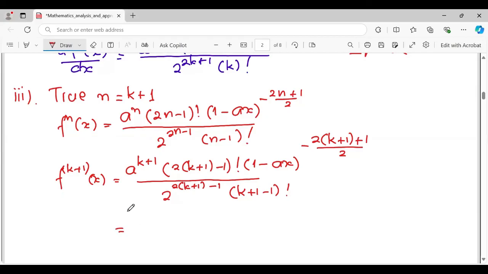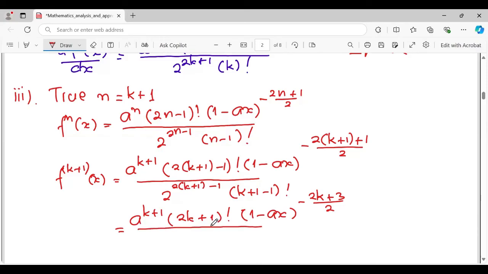It equals a power k plus 1 times 2k plus 1 factorials, 1 minus ax power minus 2k plus 3 over 2, because 2 times 1 plus 1 is 3, over 2 power 2k plus 1 times k factorials.